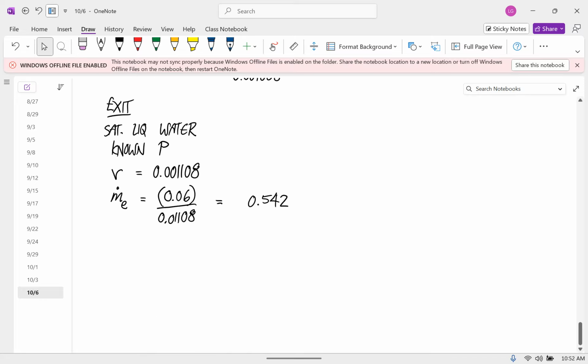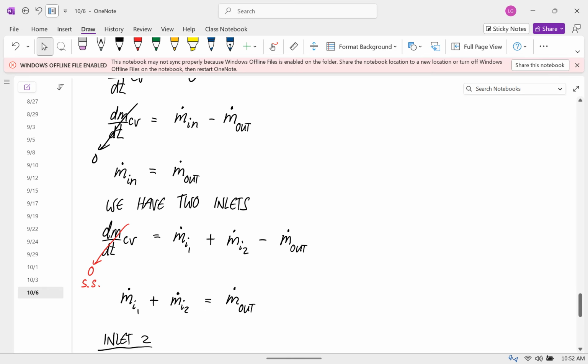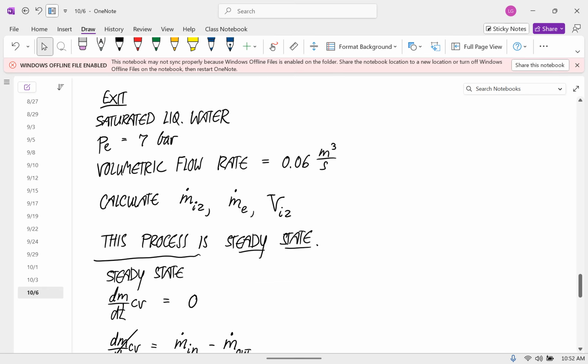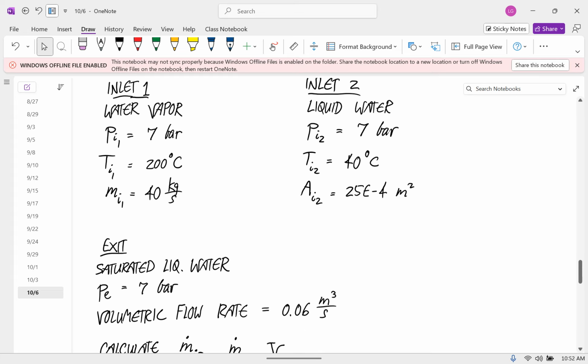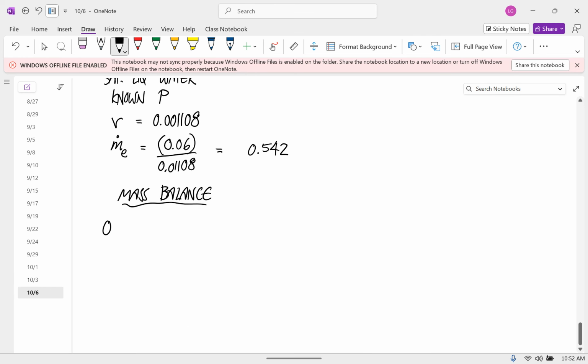And now we can go to the mass balance. And at inlet 1, we know that the mass flow rate is 40. So we have 0 is equal to 40.